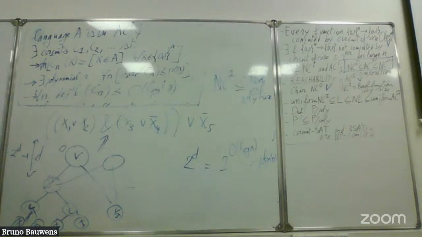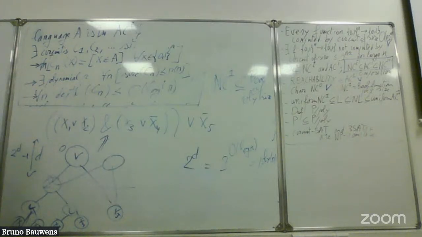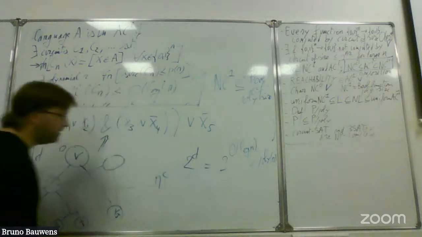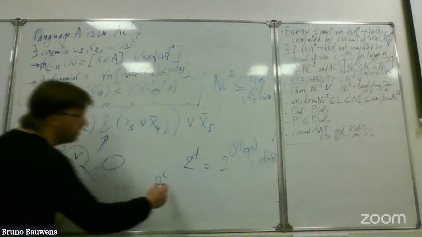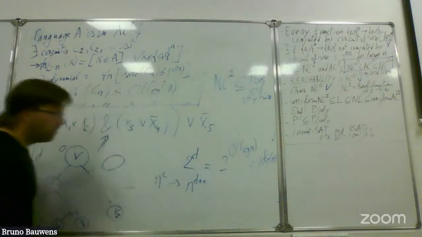Okay, so this is our first step. When we make the copies on the next layer, we go from size n to the power c to n to the power d plus c.